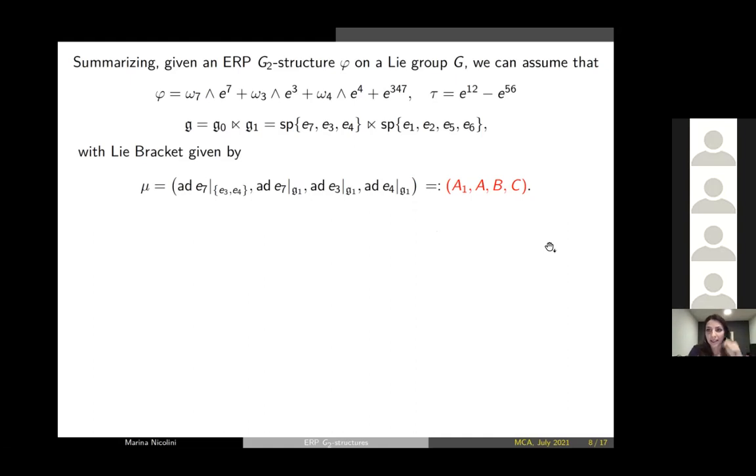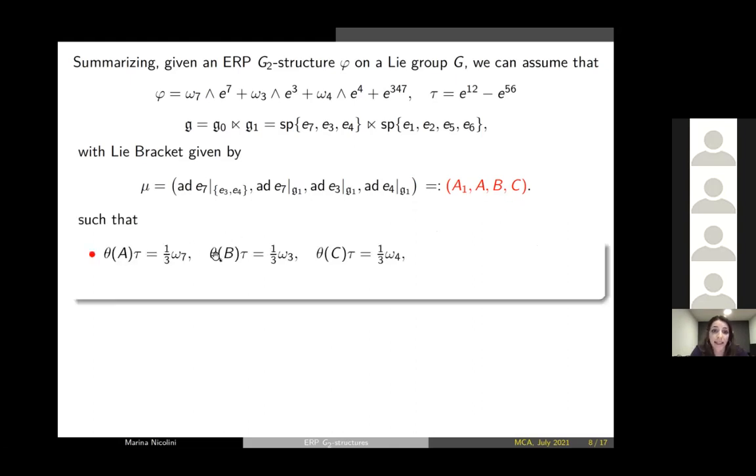Okay, so this is the Lie algebra structure. And since phi is ERP, there are some other equations that A1, A, B, and C must satisfy. The first ones are implied by the closed condition.